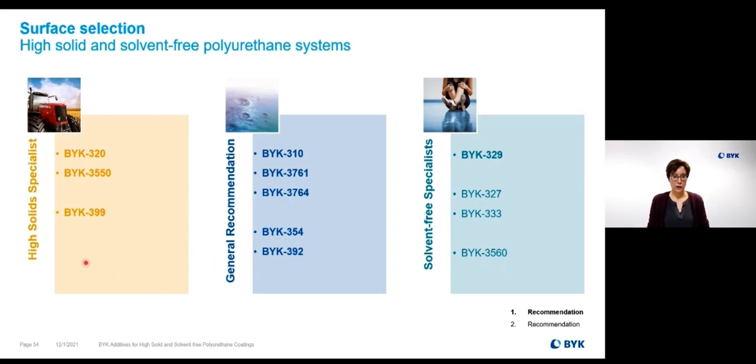When we talk about high-solid specialists, we have 320, which gives you perfect leveling and also has a slight deforming tendency. We have the 3550, and we have our polymeric leveling additive, the BYK 399. And this small chart helps you to select, in the first step, the right silicone or leveling additive.